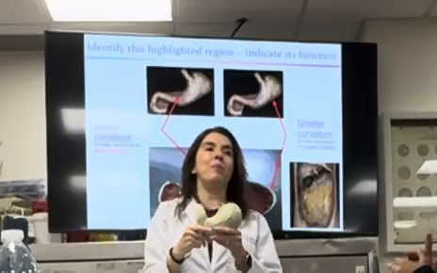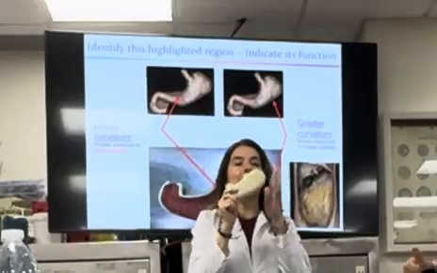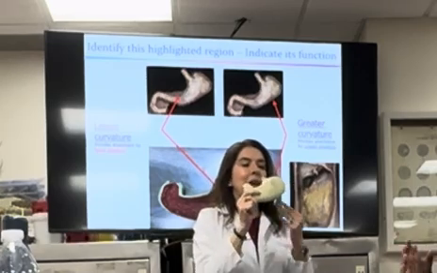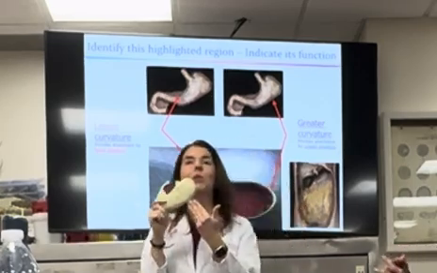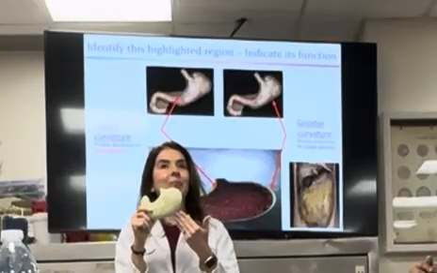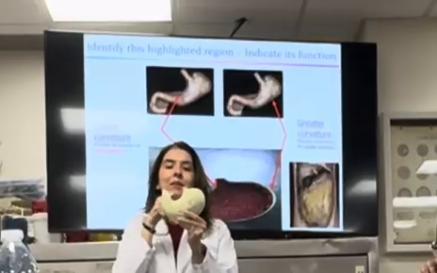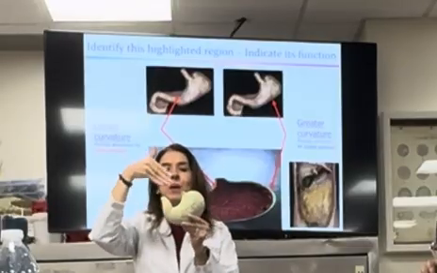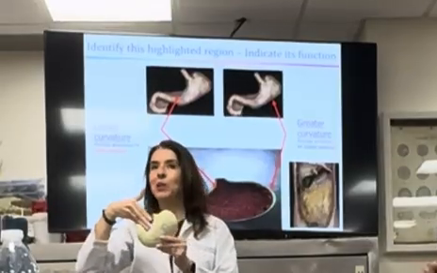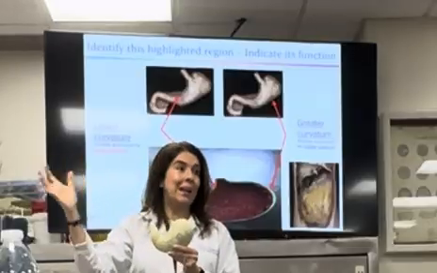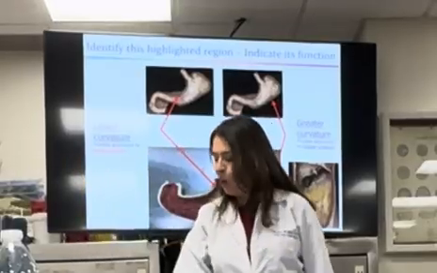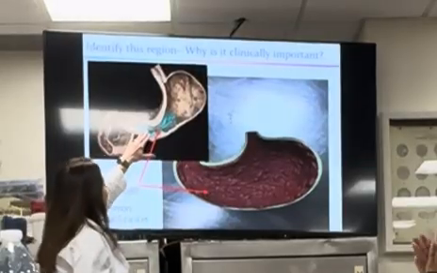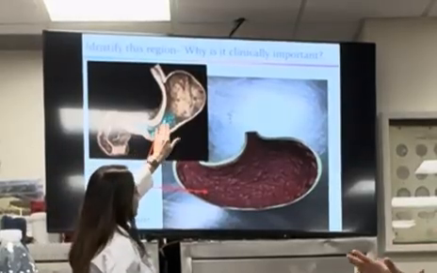So let's say, for example, that I ask you in the exam, identify this edge and what connects here, what would you say? Greater curvature. The greater omentum. And if I ask you to identify this edge, the lesser omentum, and the lesser omentum connects the stomach to the liver. Good.